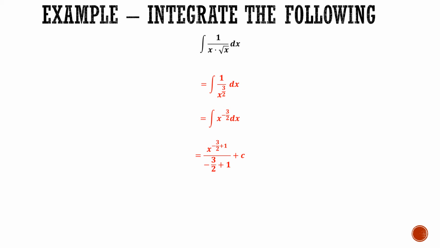So I have x to the negative 3 halves plus 1 over negative 3 halves plus 1 plus c. And then cleaning that up, I get x to the negative 1 half over negative 1 half plus c. And then again, I'm going to keep change flip it so I don't have the double fraction. And I get negative 2 over x to the 1 half plus c, or I could have written that as negative 2 over root x plus c.